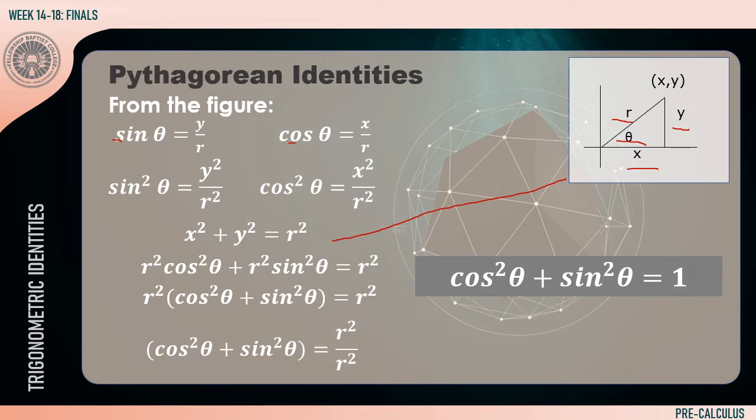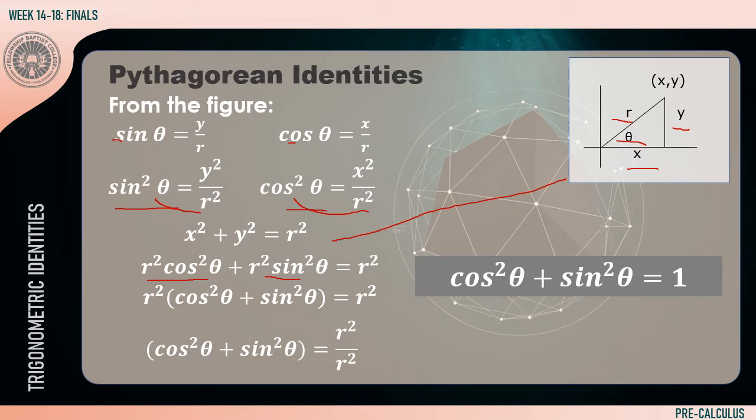Then, going back to our equation A, we can use x squared and y squared. We multiply r squared here, so x squared will be r squared cosine squared theta. Same with y squared, we multiply r squared, and we will have r squared sine squared theta.